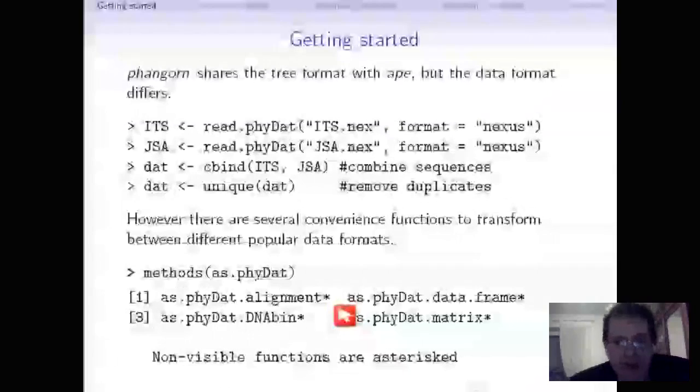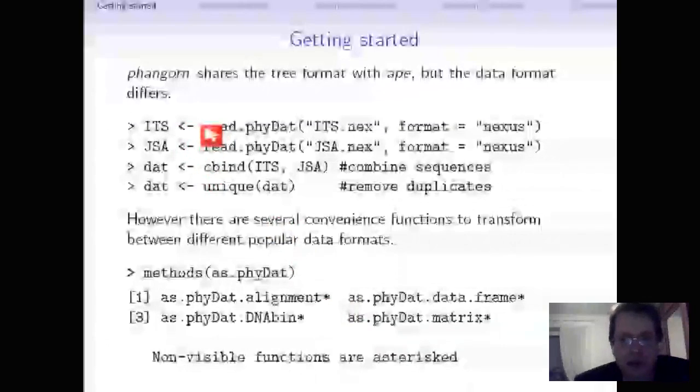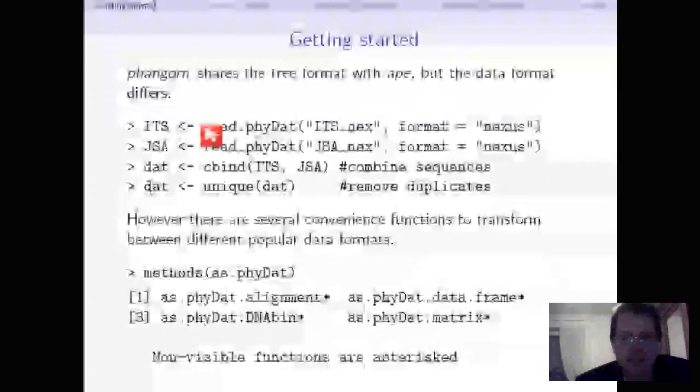And so the first thing, of course, is you read some data in, and normally you have data in a Nexus format or in a Fasta format, and that's what I'm reading here.